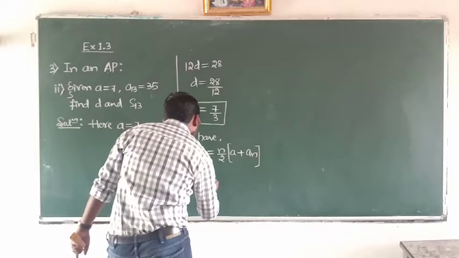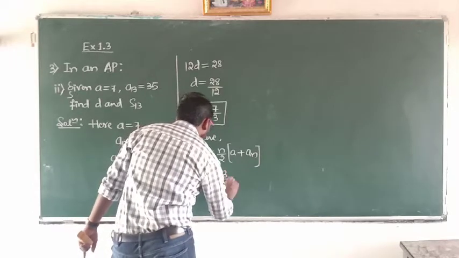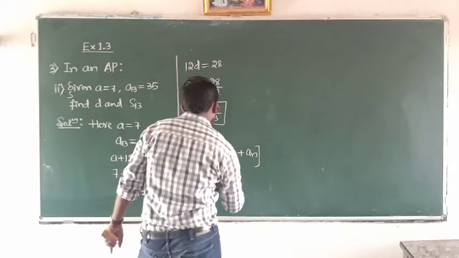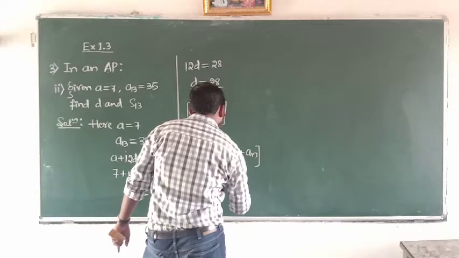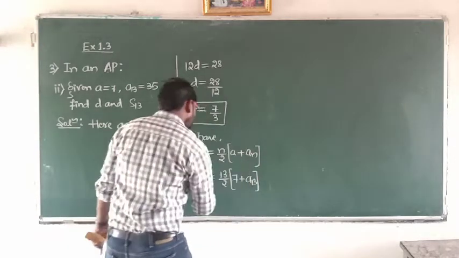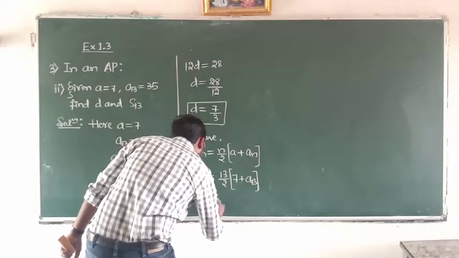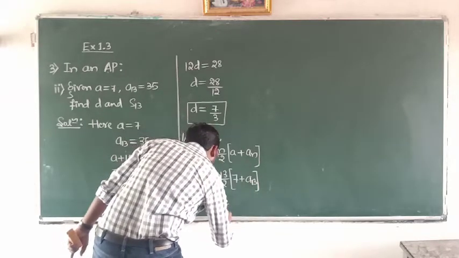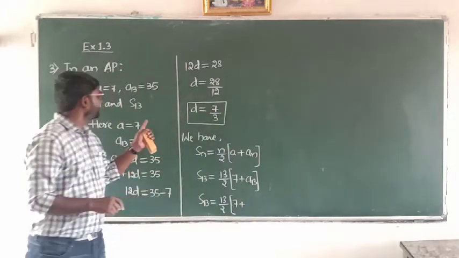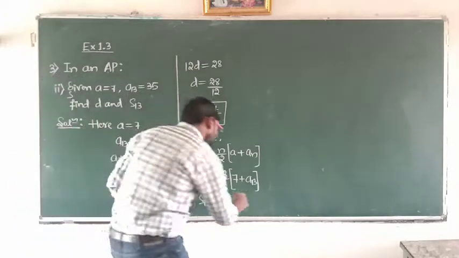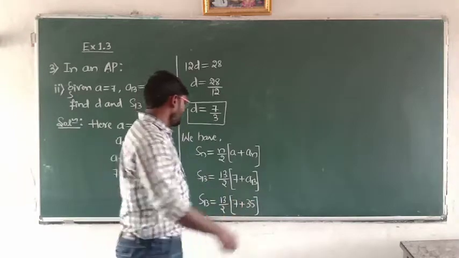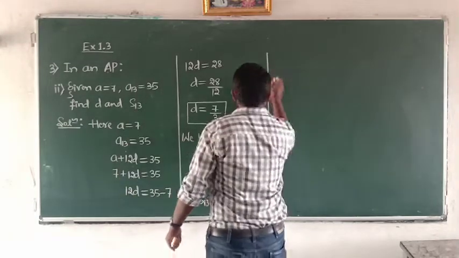S13 is equal to 13 divided by 2 into the bracket A, what is A here? It is 7, plus A13. The A13 value is 35.